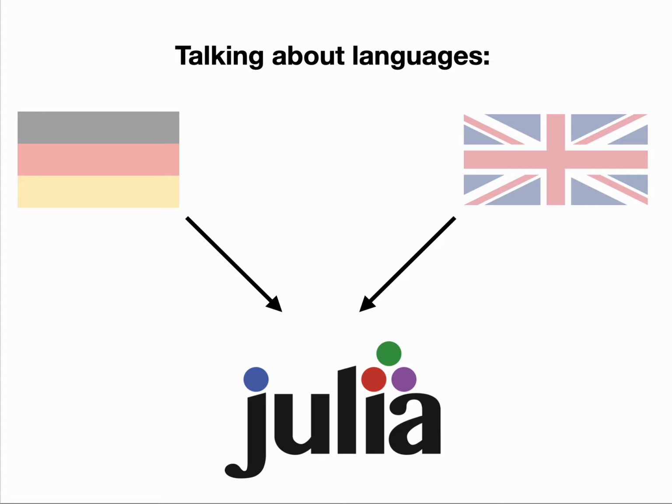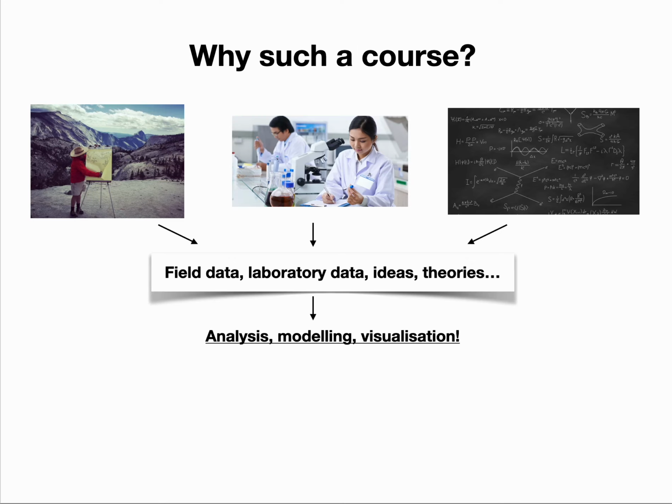So, why did we design such a course? You're all students in geoscience. This means that you have to deal with data. On the one hand, as a geologist, you should be doing some field work, analyzing the landscapes, analyzing the rocks, bringing rocks to analyze in the lab.